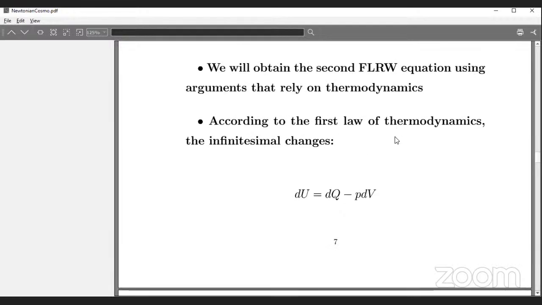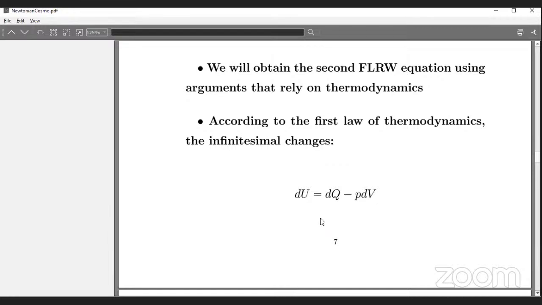So even from the first law of thermodynamics, if you have an exotic thermodynamic system for which pressure is the negative of internal energy density, then you will have d of internal energy density times volume is internal energy density times dV, which means internal energy density remains a constant.